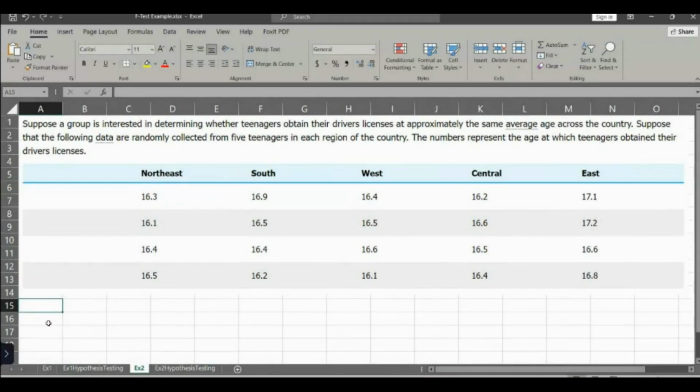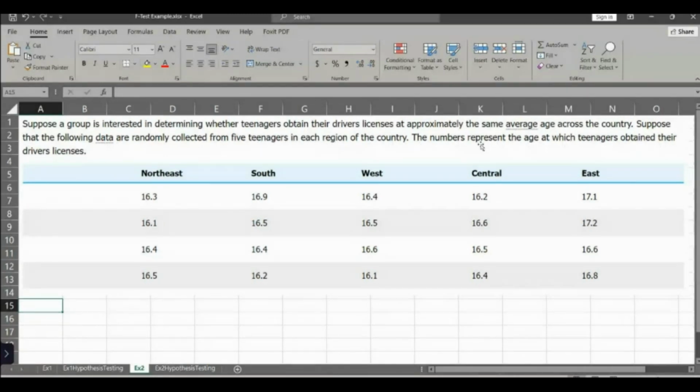Again, the problem. Suppose a group is interested in determining whether teenagers obtain their driver's licenses at approximately the same average age across the country. Suppose that the following data are randomly selected from 5 teenagers in each region of the country.